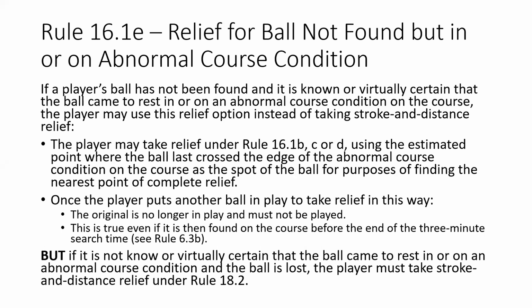It could be a ball that goes into a pipe or something like that, or a drainage ditch, and we saw it go in there, or a player hits the ball down the middle of the fairway and it just magically isn't there, and it's as dry as can be out on the golf course. There really is nowhere else the ball could be. And if there's a big manhole in the fairway and the ball happened to go through one of those, that would be another scenario where you could use this.